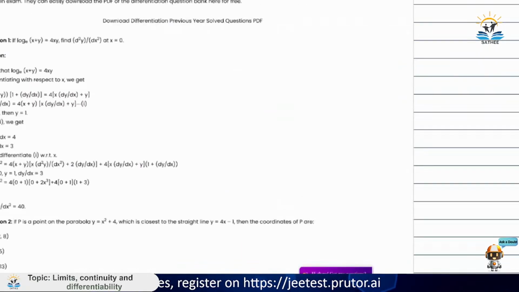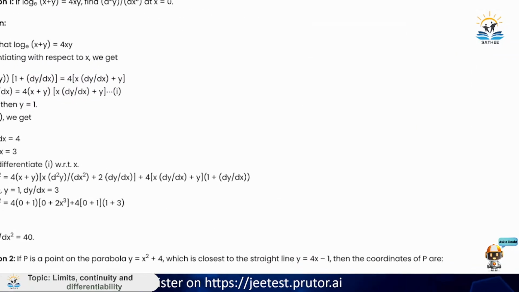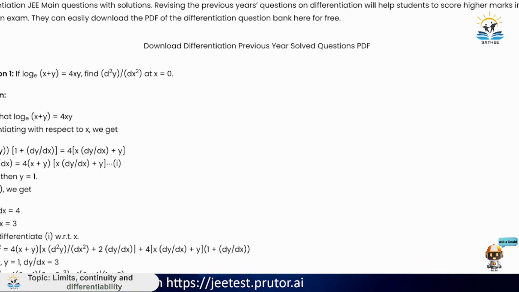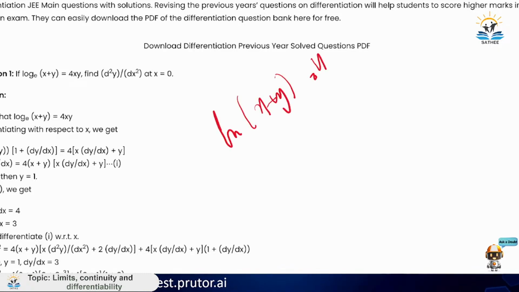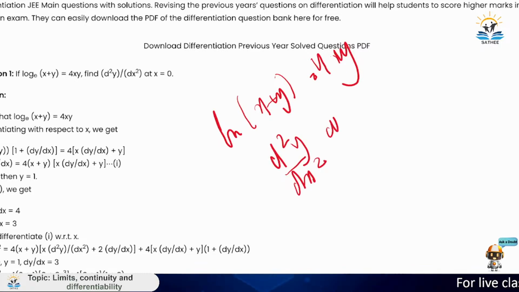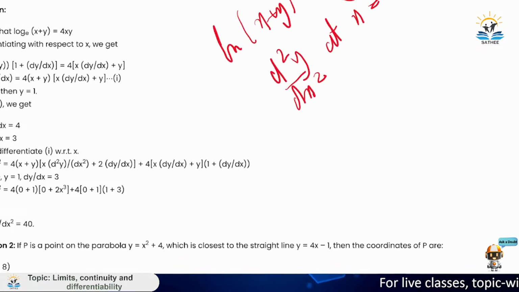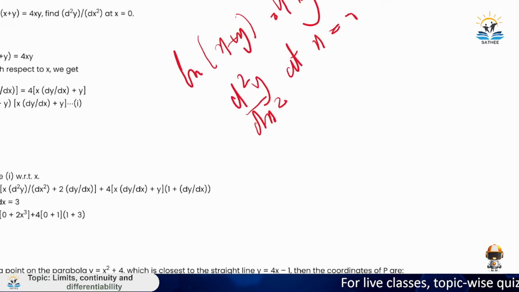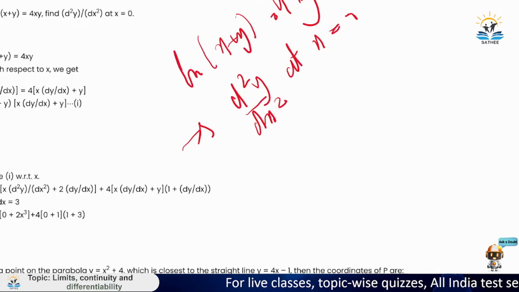Let's see some questions. The first question that we have is: ln of (x plus y) is equal to 4xy, and we have to find d2y by dx square at x is equal to 0. It's simple. Let's start with the chain rule, and start by differentiating the whole equation with respect to x.